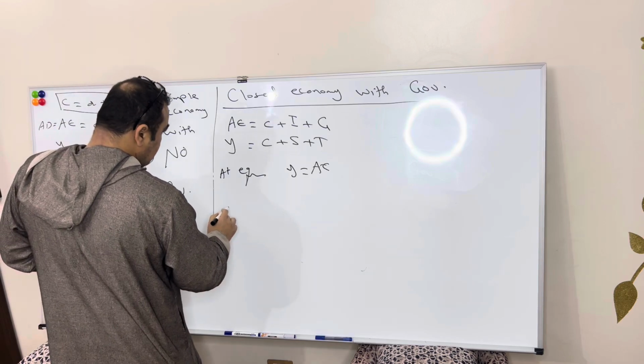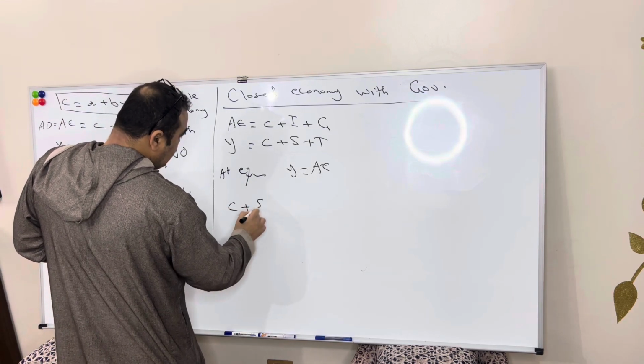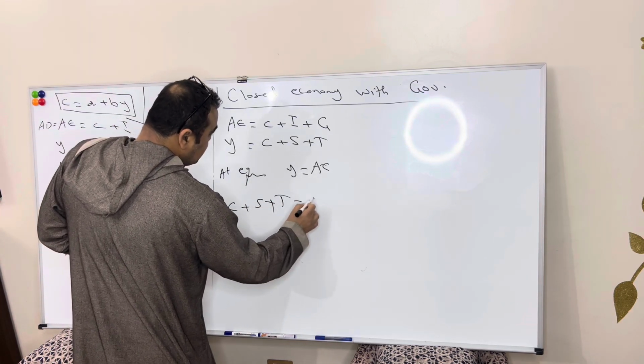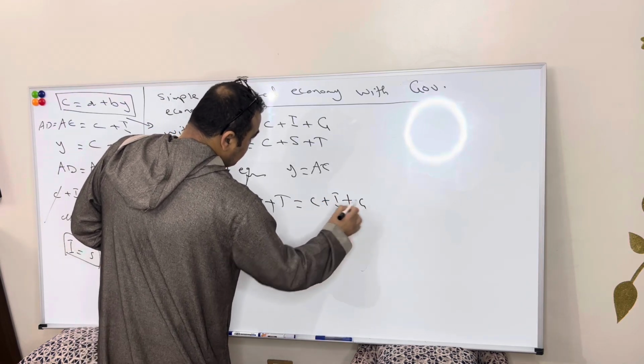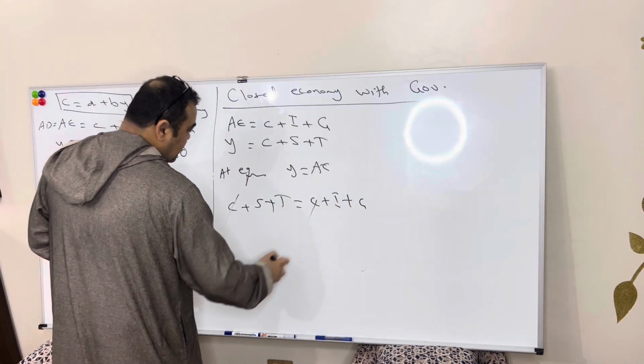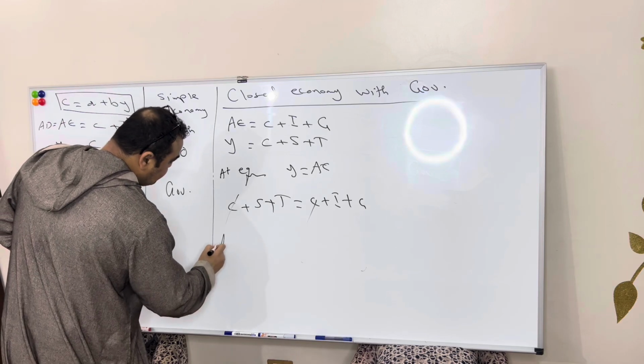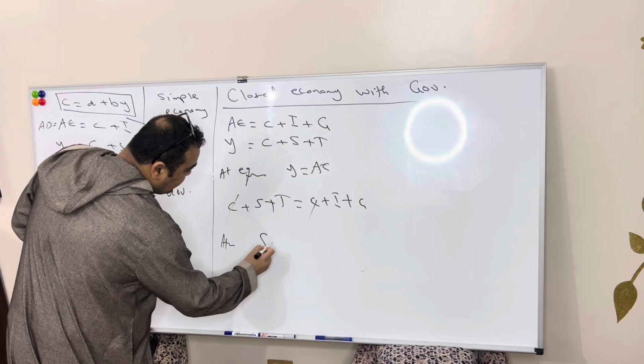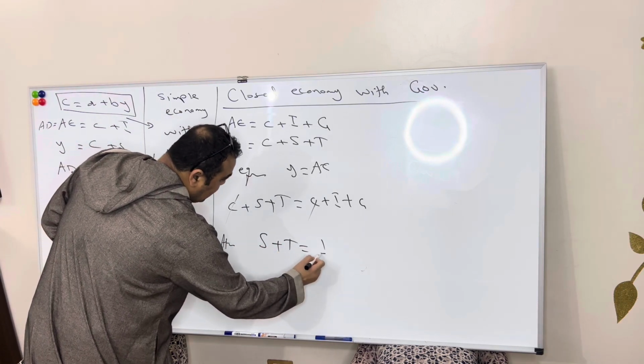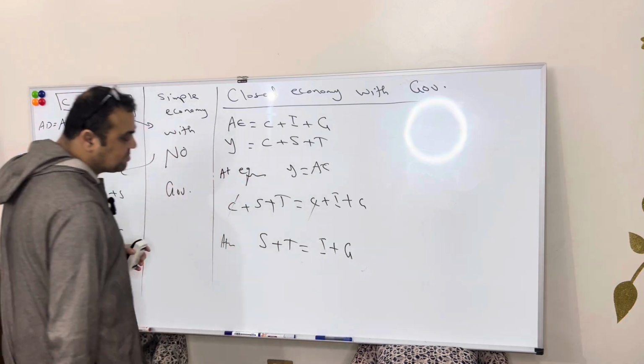So C plus S plus taxes must equal C plus I plus G. Subtracting C from C, at equilibrium, saving plus taxes equals I plus government expenditures.